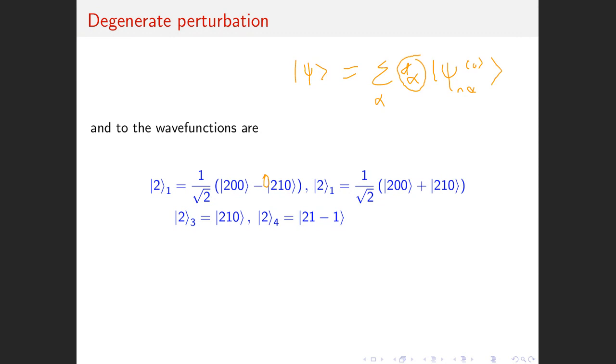These coefficients you get from the eigenvectors. So maybe one of them might be 1, 0, 1, 0 with 1 over square root of 2. So you take these numbers and you form what the new wave functions will be.